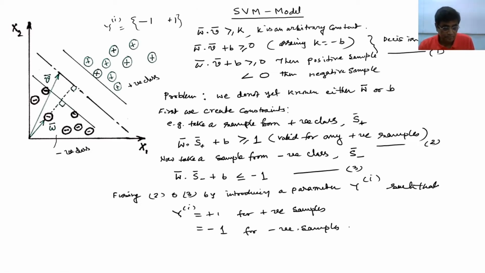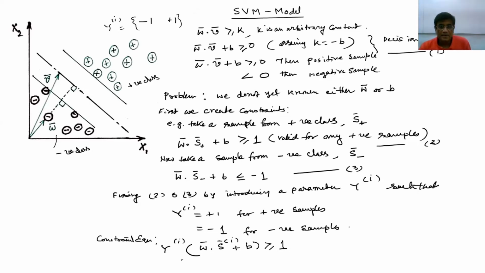Okay. So then the equations in a combined form can be written. So this is the constraint equation: yi times (W dot S plus b) greater than or equal to 1.